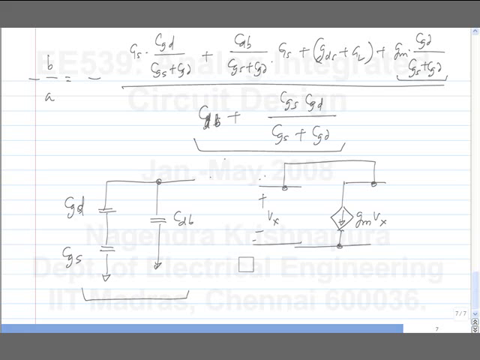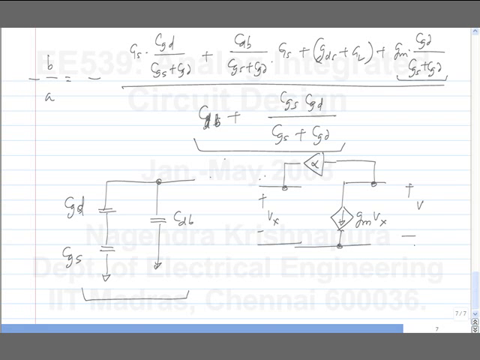Now what does this represent? CGD by CGS plus CGD. So for instance, if I have, let's say, a factor alpha here, okay, and I apply a certain V test, what do I get here?